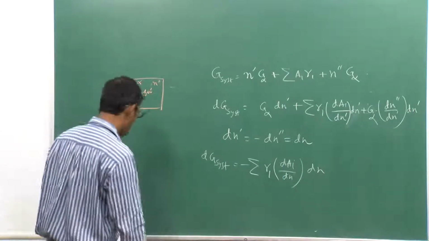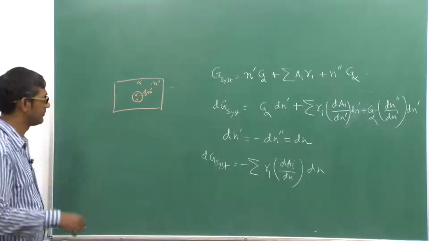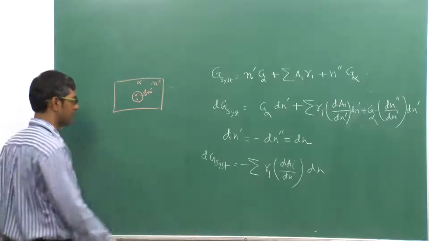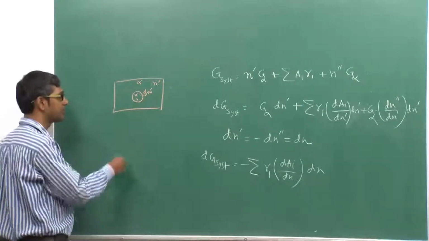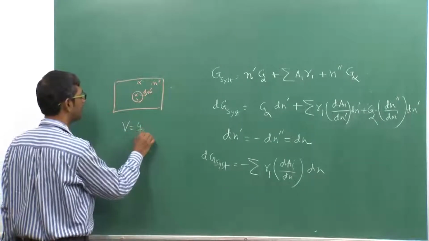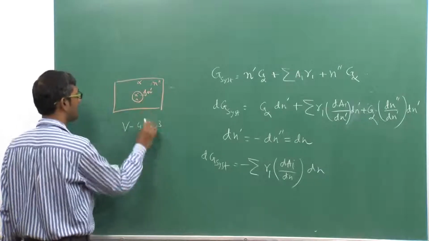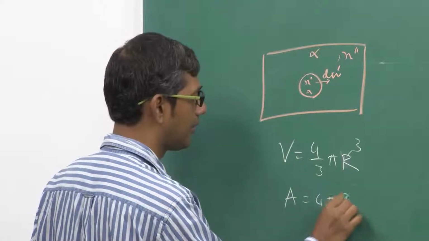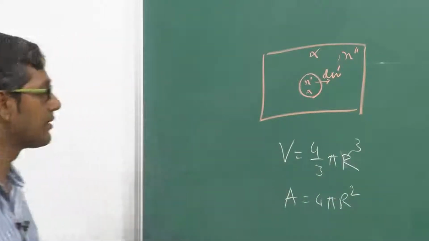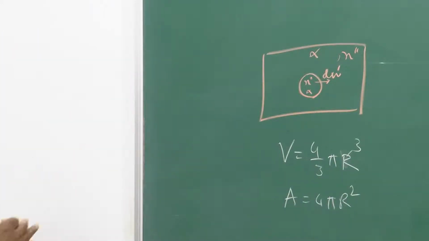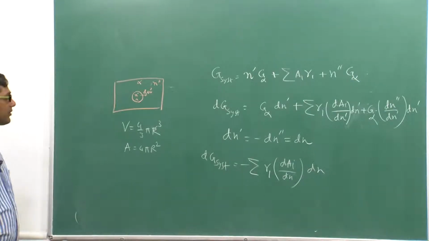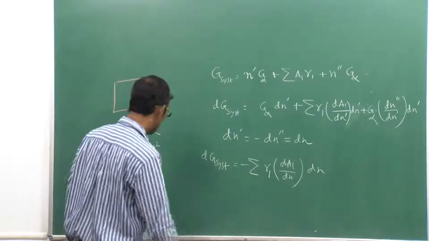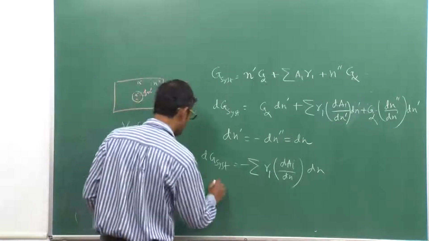Now, if we consider a sphere, as we already have, we know the volume of the sphere is 4/3 pi r cubed if r is the radius, and the area is 4 pi r squared. You can find a relationship between volume and area. It's very simple, but let us not do that for the sake of time.